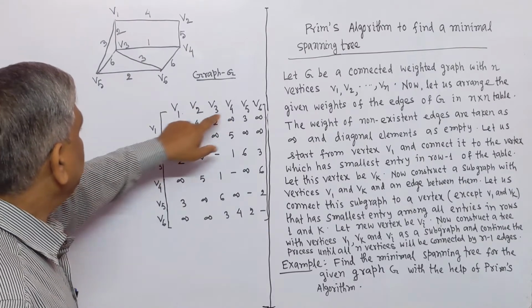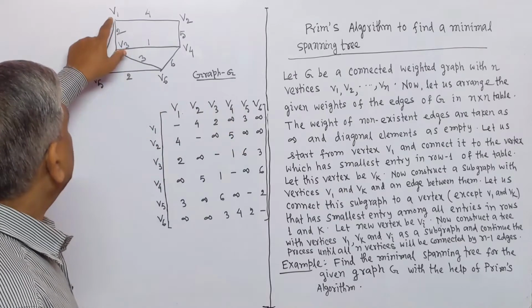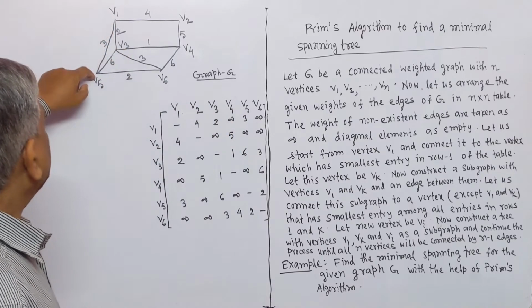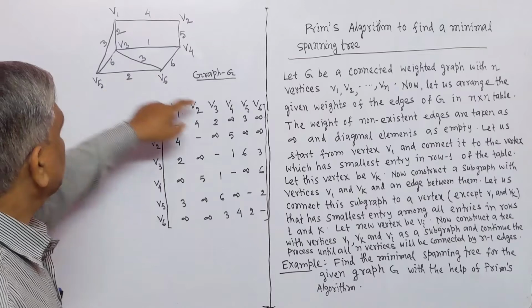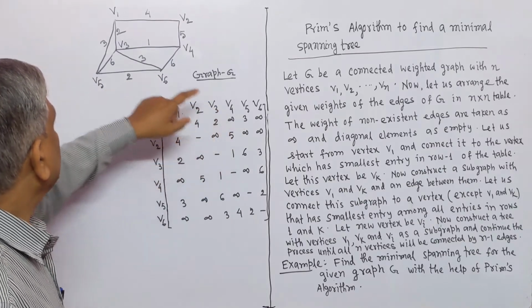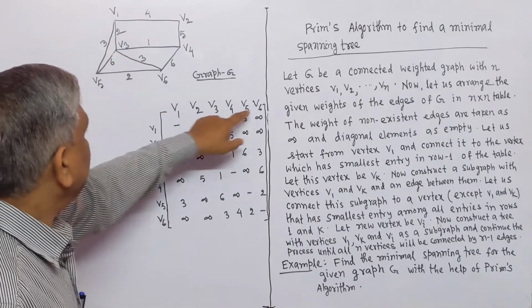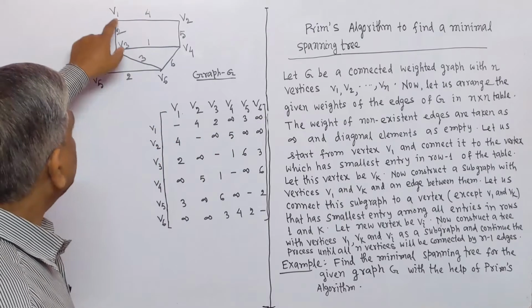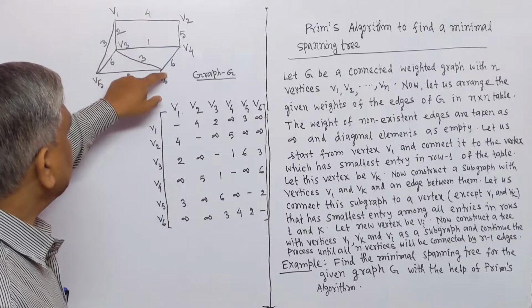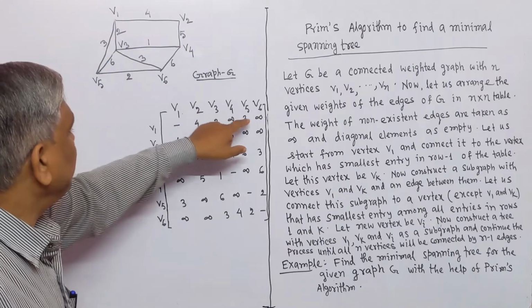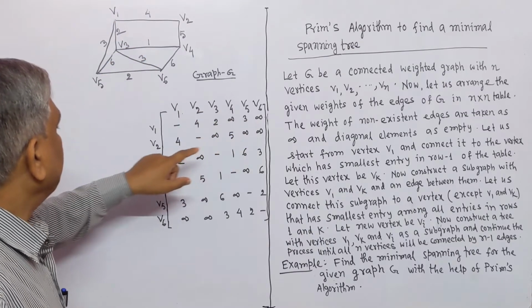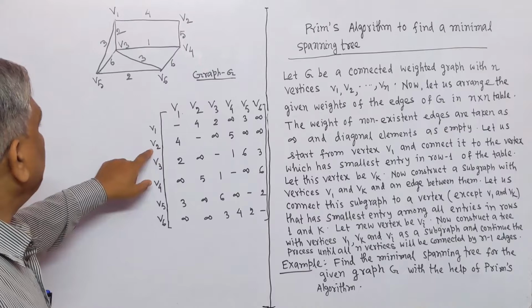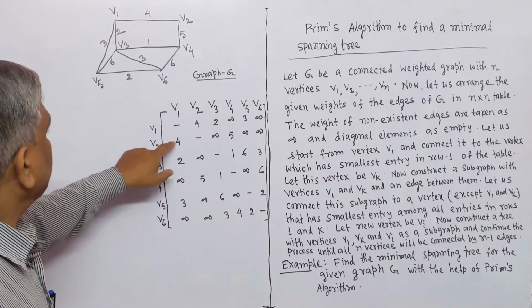Now V1, V5. The weight of this edge is 3. We write here 3. Now V1, V6. V1, V6 is not directly connected by an edge, so the weight of this edge is infinity. Here V2, V1 edge.